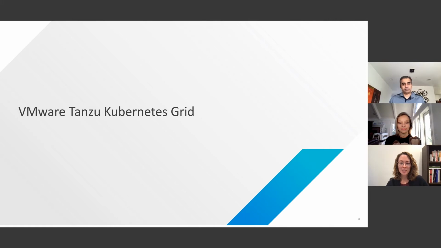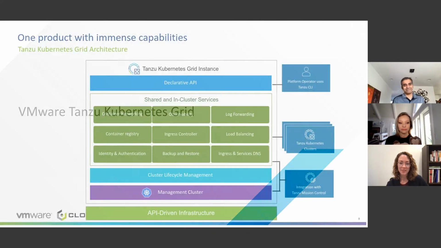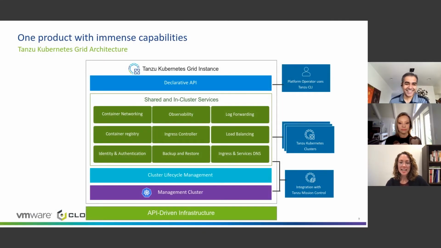So for now, I'll start with an overview of VMware Tanzu Kubernetes Grid, or as you mentioned, TKG for short. TKG is a conformant enterprise-ready Kubernetes runtime that really streamlines operations across multi-cloud infrastructure. So that's a lot. And this picture conveys a lot of helpful infrastructure.